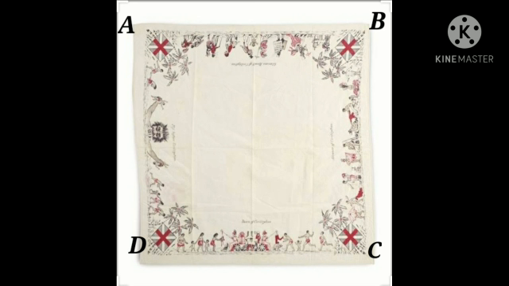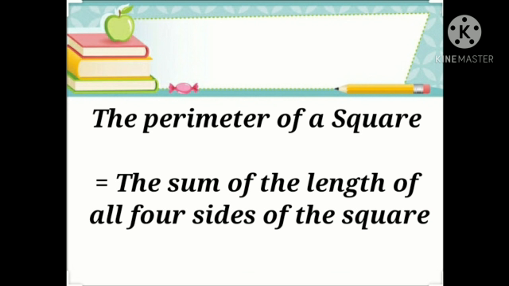So now students, to find out how much lace we need for the handkerchief, we will use the formula for the perimeter of a square. The formula is the sum of the lengths of all four sides of the square.